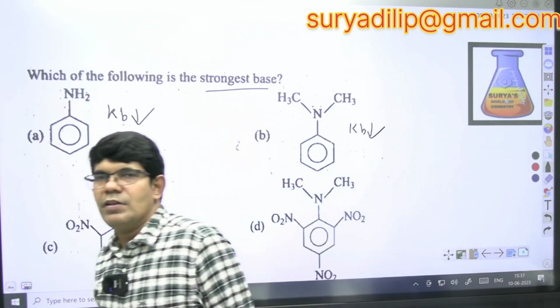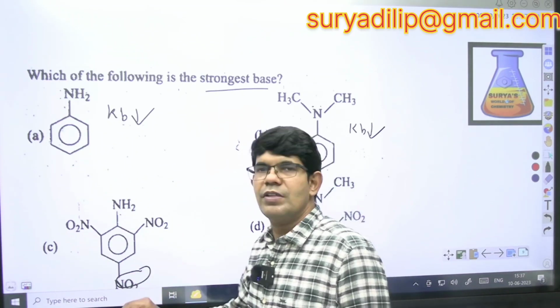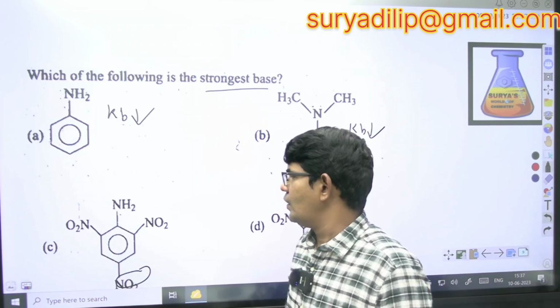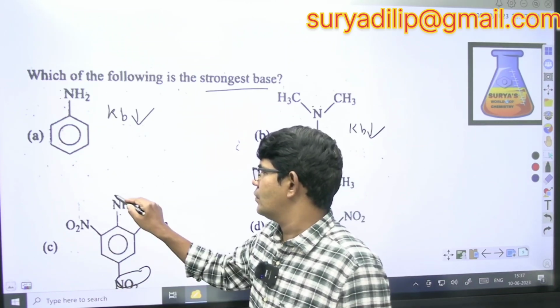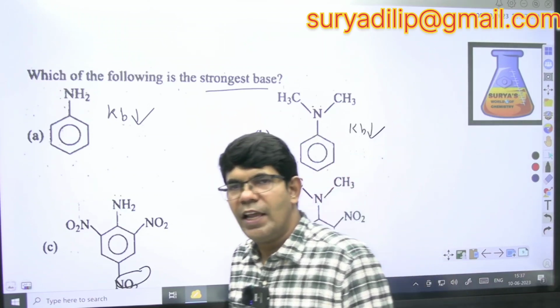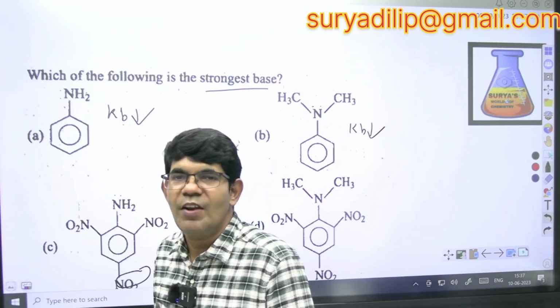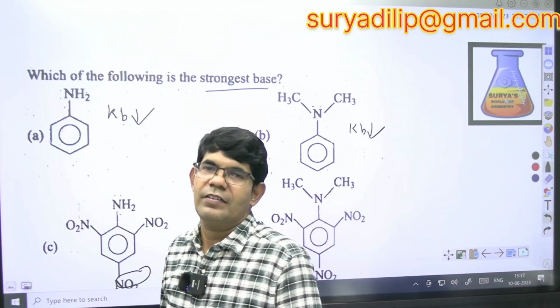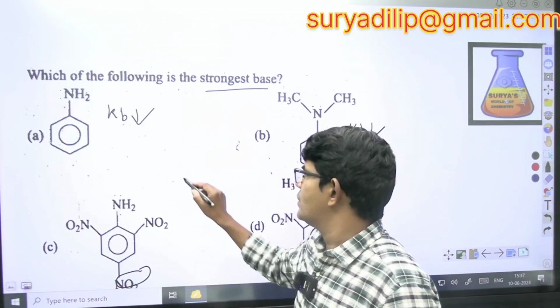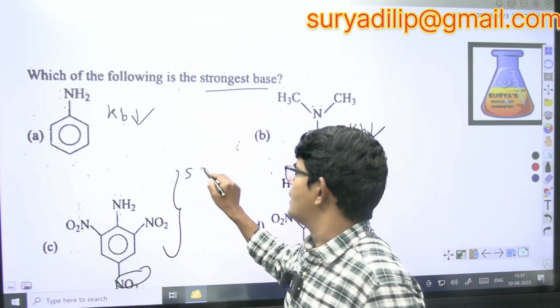Now let us have a look at the third one. Here at the para position, students, you have NO2 as well as at ortho positions NH2 group. Will it involve in SIR effect? No, it does not involve in SIR effect. Rather, it involves in SIP effect. What is SIP?